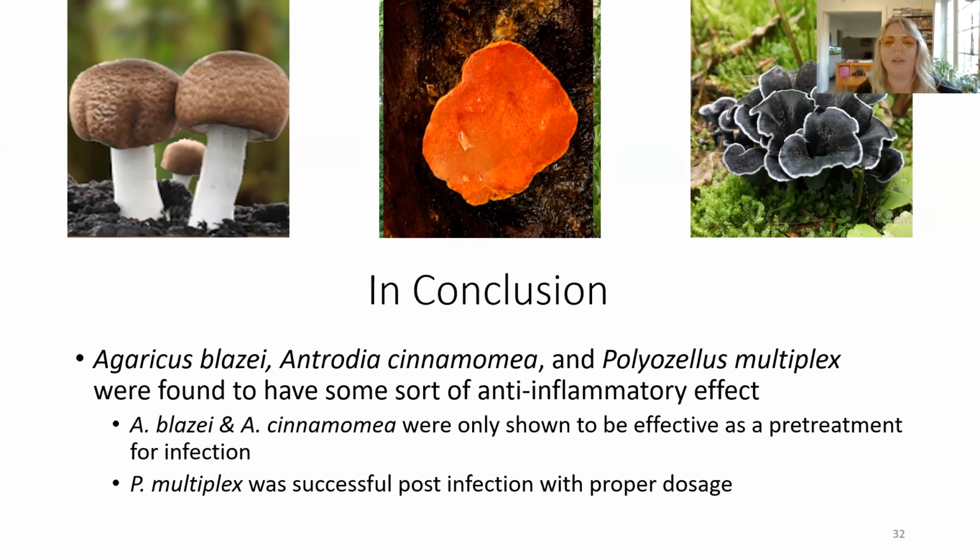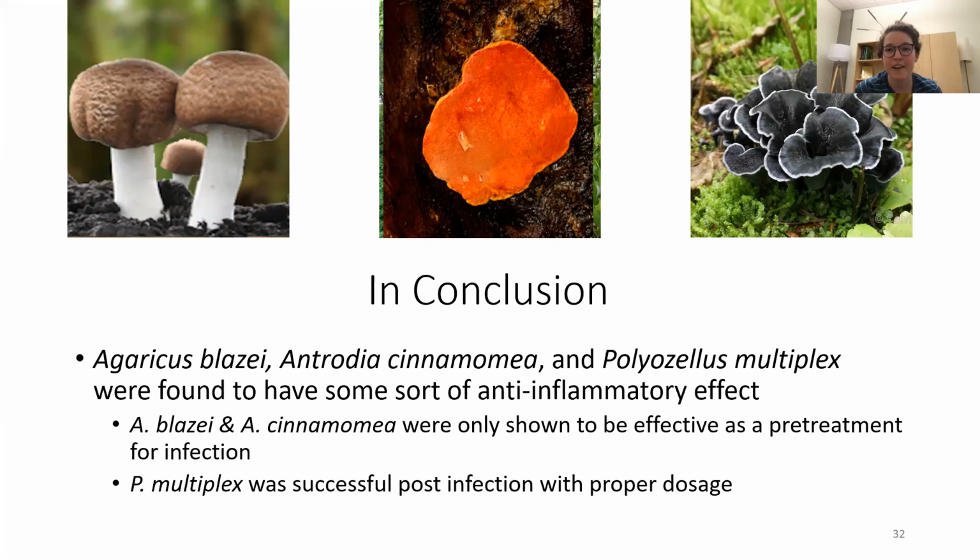I don't think that's inherent to all fungi, but I'd be interested to see which fungi have beta glucans and which ones don't, just to see if there's some sort of pattern there. Maybe it was just that first mushroom that you talked about with that first study. Yeah, that's the only one that mentioned beta glucans. The other studies didn't really go into it. They were busy talking about the compound that they were trying to study, so I guess that makes sense. But it'd be interesting to look into.